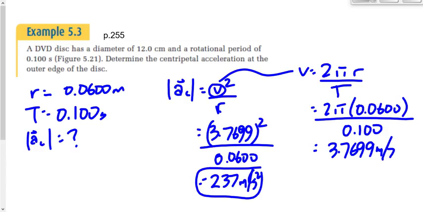If you experienced a centripetal acceleration of 237 meters per second squared, and I hope that you don't ever, but if you do, that's the equivalent of about 24 Gs. A G is what you feel relative to what you really weigh. So 1 G means you feel like you weigh what you really weigh. If you experience 3 Gs, then you feel 3 times heavier than your real weight.